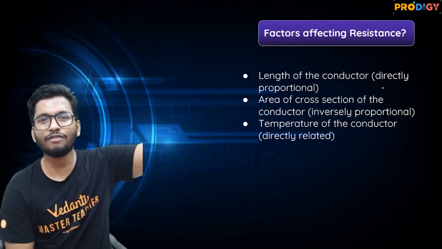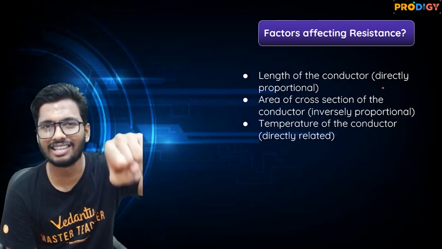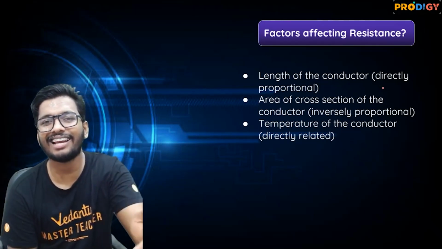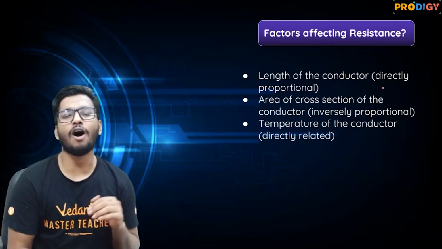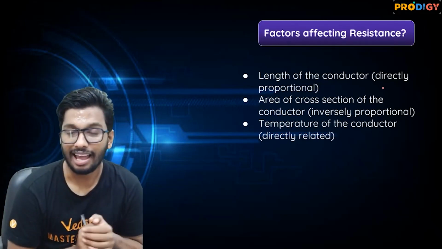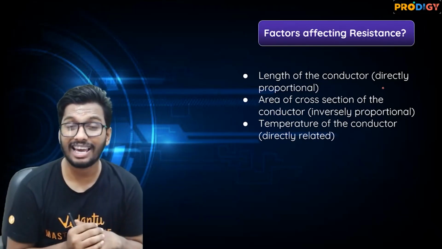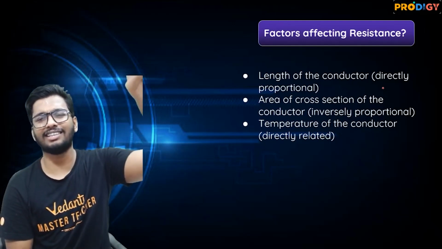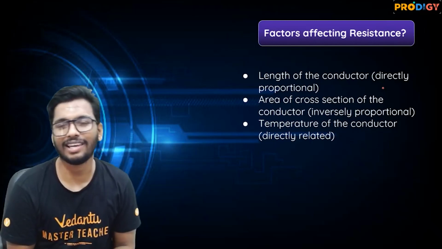The more the area of cross section, the lesser the resistance. In other words, area of cross section and resistance are inversely proportional to each other. And thirdly, but definitely not the least, is the temperature of the conductor. As the temperature increases, the resistance will also increase.